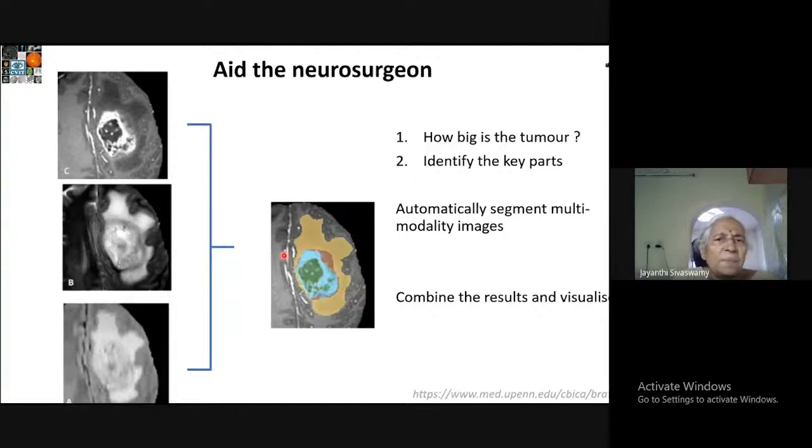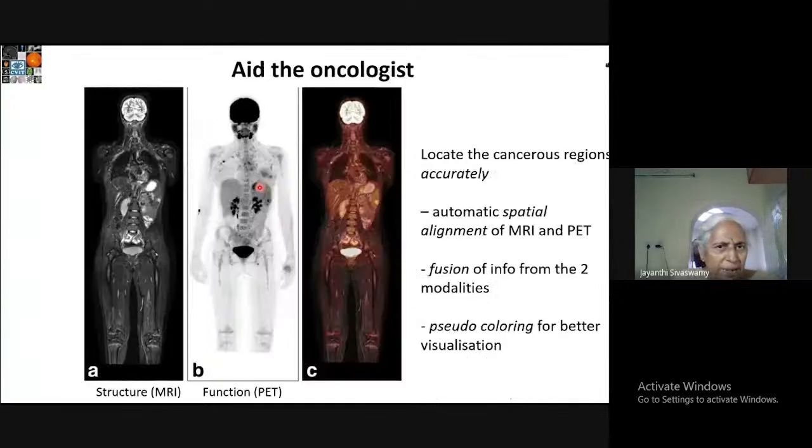Whereas once I find something bad, I need to locate it. So something is bad here, and I need to precisely locate it, in which case I need a structural image. Just because I have a heart doesn't mean it is functioning properly. Similarly, this is a lung cancer case. There's a lung and there is a cancerous piece here.